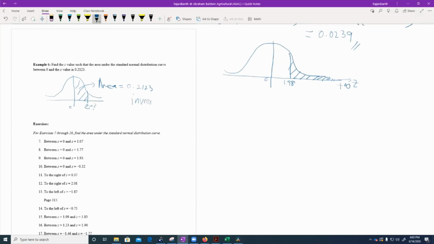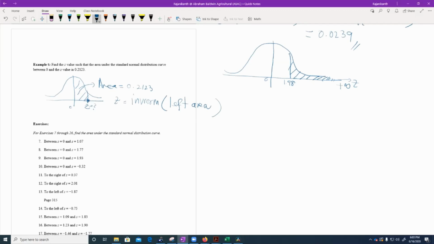But here, if you want to find any z value, you need to plug in the left area of that point. Find out the left side area, the area to the left of that point. Then that will give you the z value.